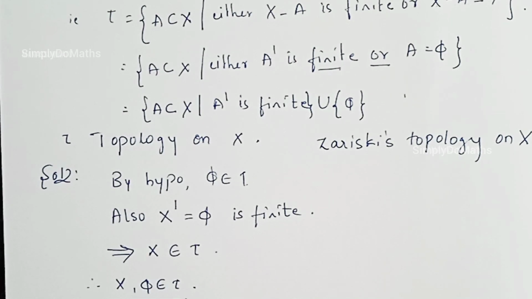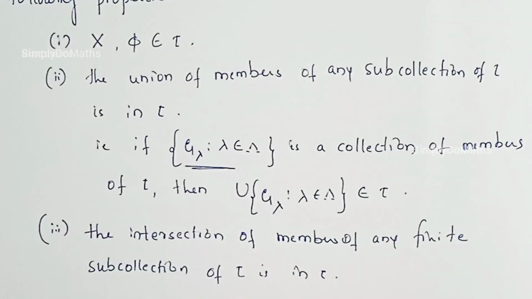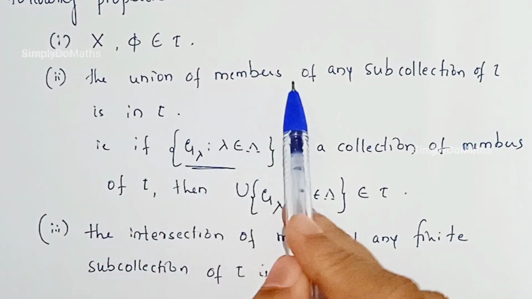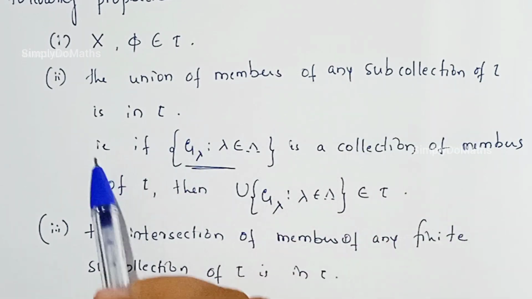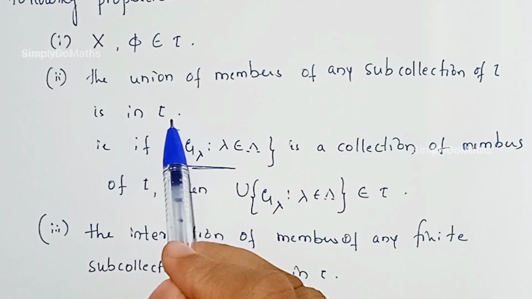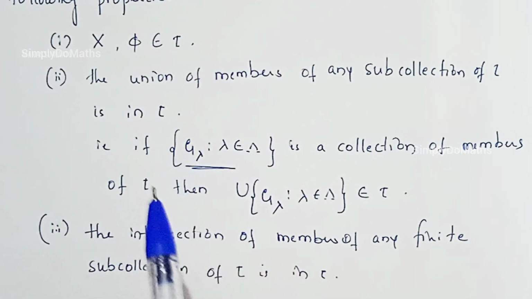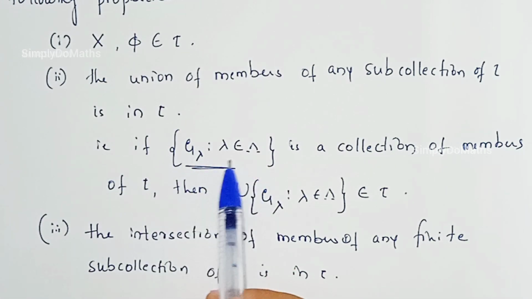Let us go with the next property, which is for union. What is the property here? We know that the union of members of any subcollection of tau is in tau. We prove this by using this result.